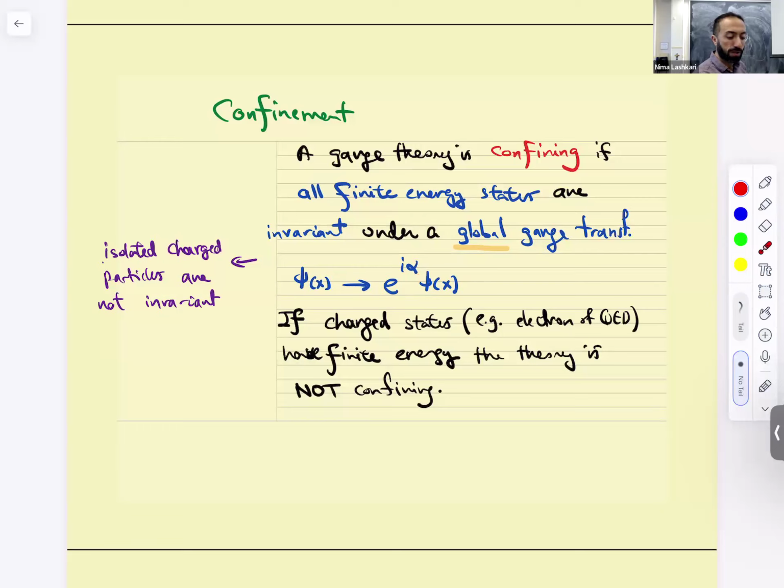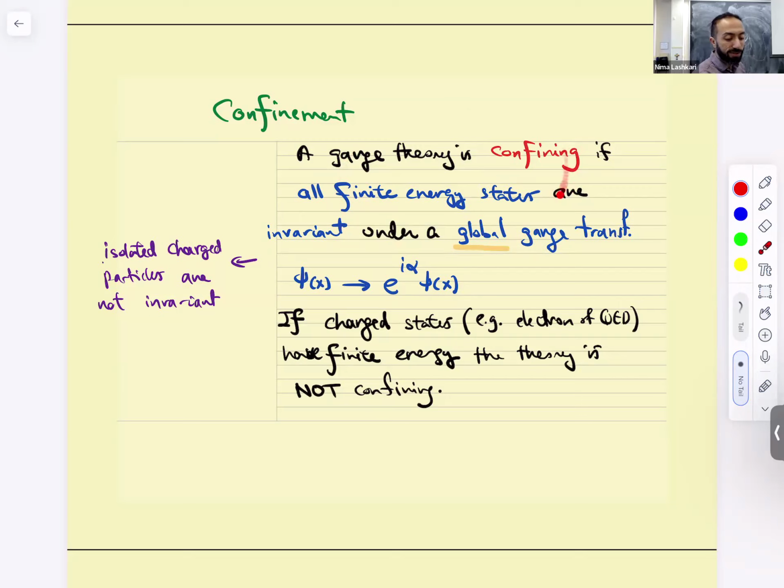Good. Now, a theory is confining if all finite energy states are invariant under this. What is not invariant under this? We don't need to look very far. This, psi of x. Isolated charged particles, fermions, are not invariant under it.